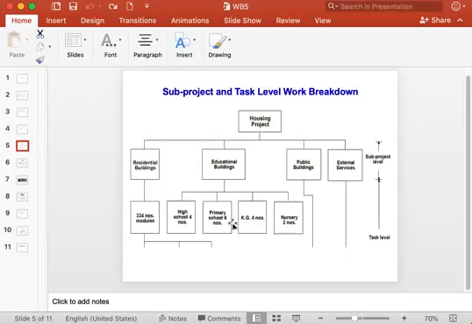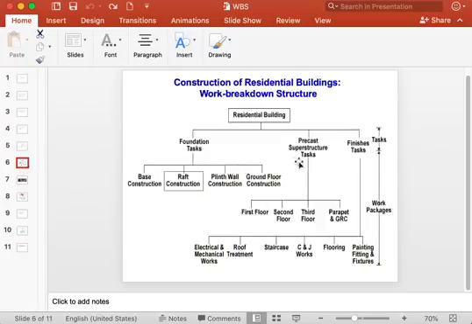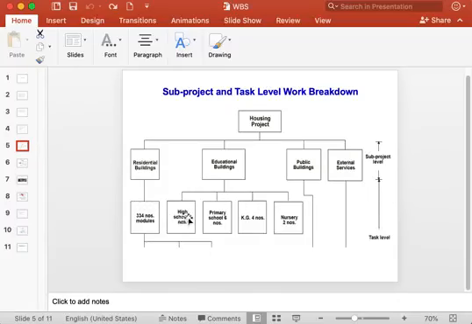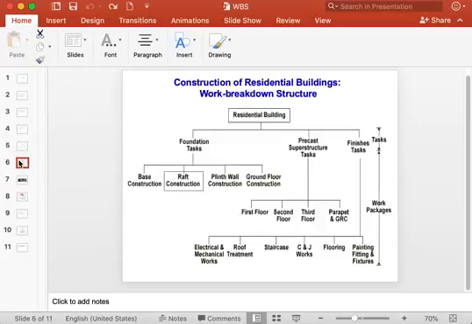4 high schools, 6 primary schools, 4 kindergarten schools, 2 nursery schools, and so on. Then each of the activities in each of the smaller work elements under the task level is further broken down into smaller parts, which is called the task level.